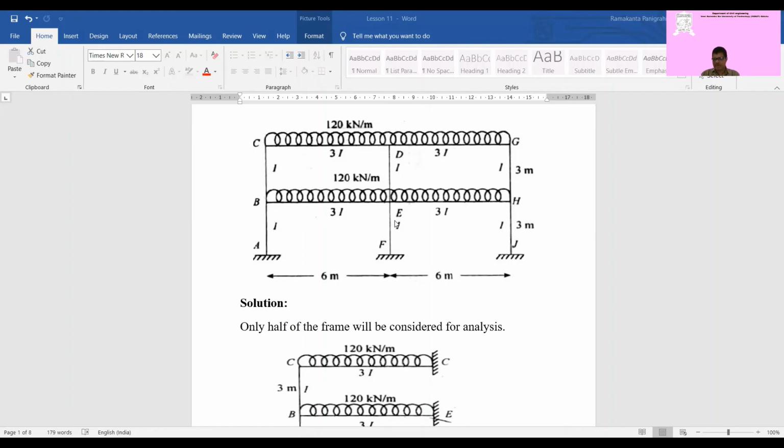If you are interested from the exam point of view, then you should attempt sway frames at last, not at the initial, because if there is some mistake, there will be a problem in the analysis. And there will be some types of questions, as I told, maybe objective type questions may come.